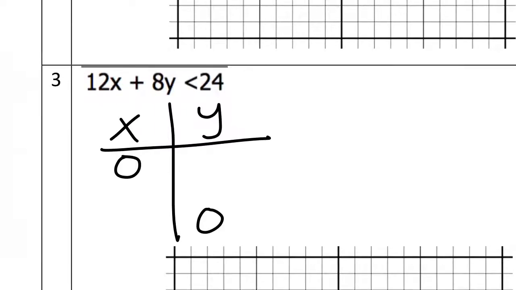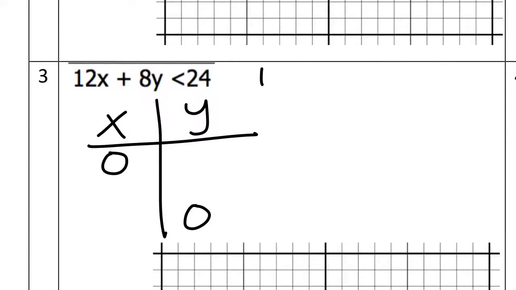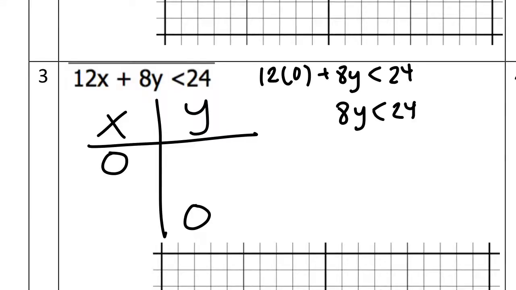If I let x equal 0, then I have 12 times 0 plus 8y is less than 24, which means 8y is less than 24. I divide both sides by 8, and I get y is less than 3.